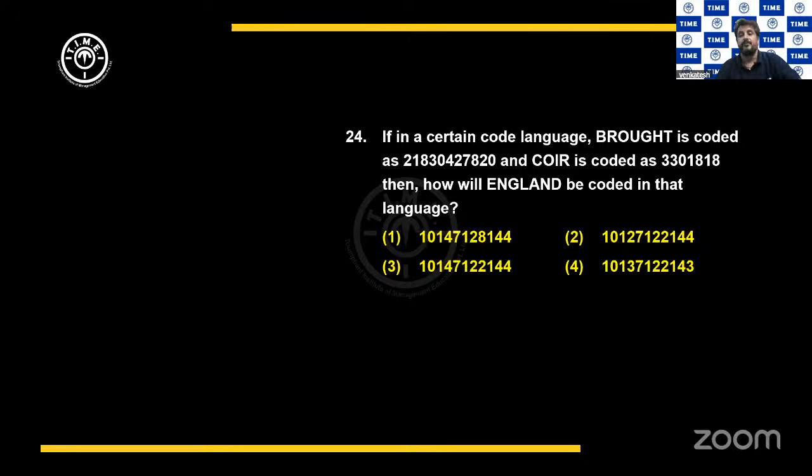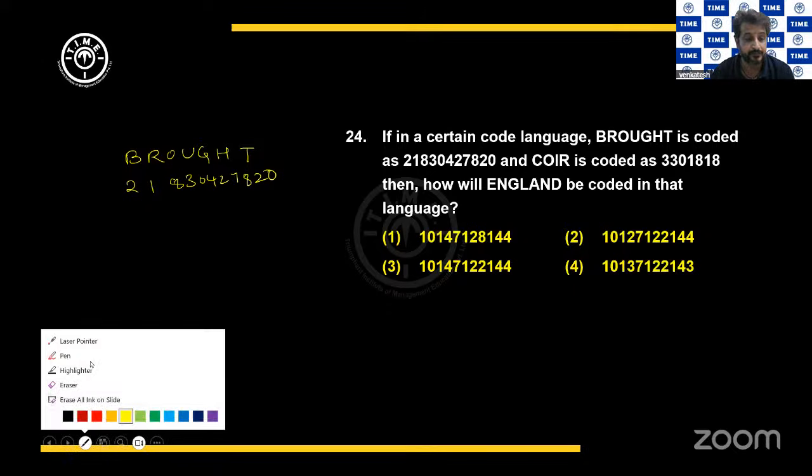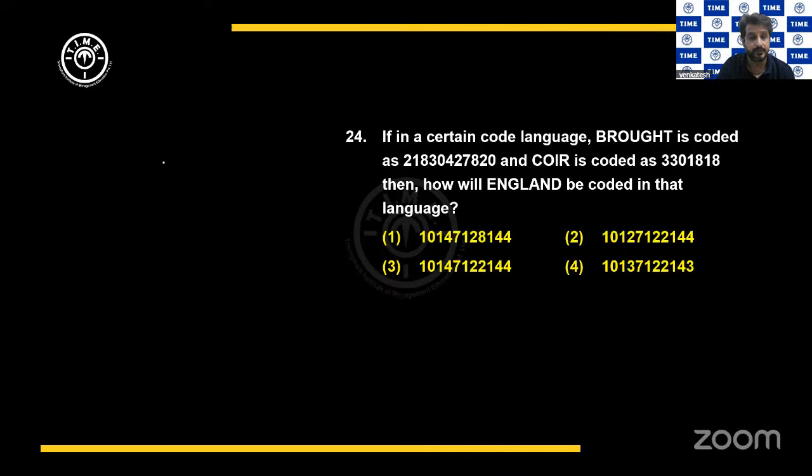Now, in a certain code language, "broad" is coded as 2 18 30 4 (writing properly) 2, 18, 30, 42, 4.